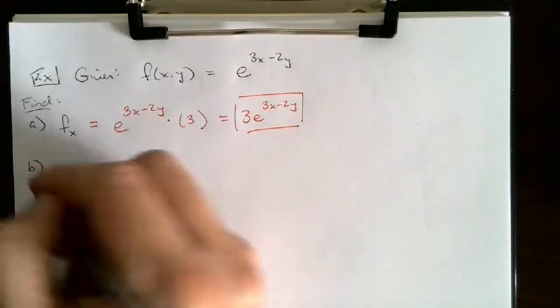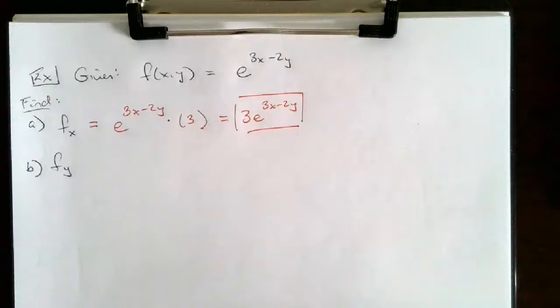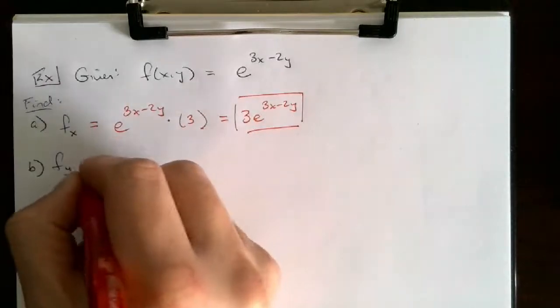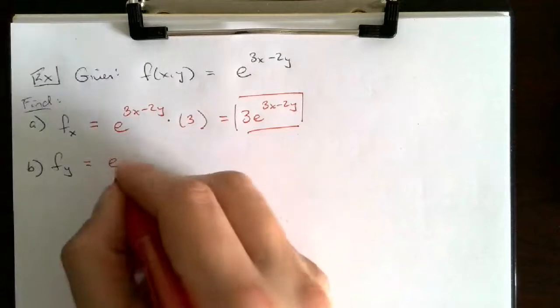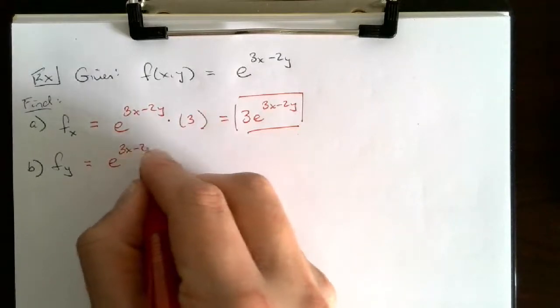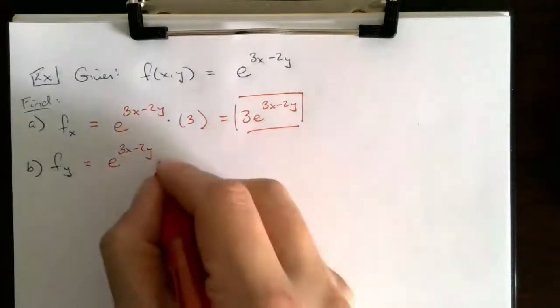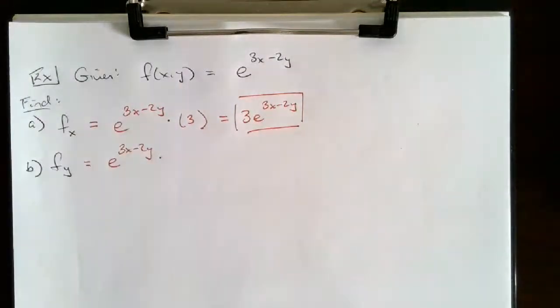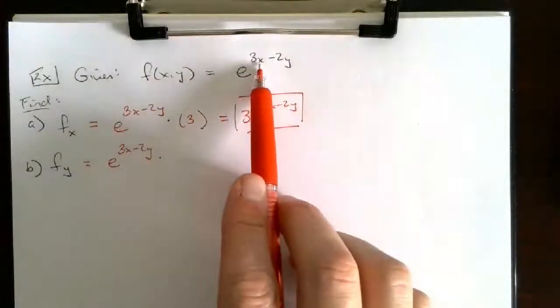For this next one, if I said partial derivative with respect to y, well, again, derivatives of e, you write exactly what you see. So you write e to the 3x minus 2y times the derivative of the exponent, right? This is chain rule for e. The derivative of the exponent with respect to y, that means anything with the x is a constant.